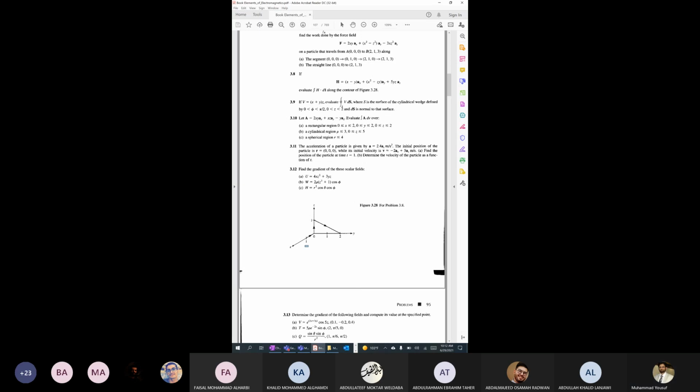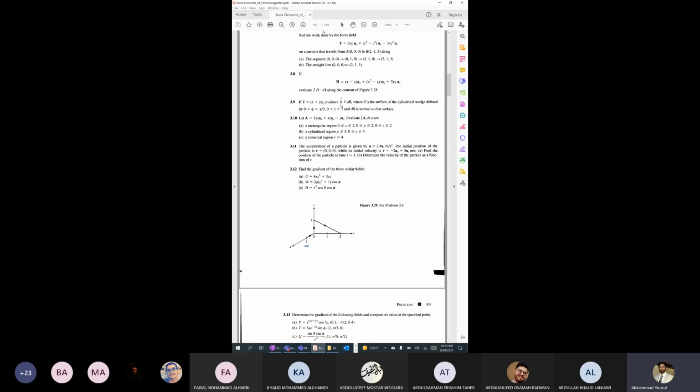Now the question here is, what is this solid? What is this wedge? If you have a pipe, a circular cylinder, and you cut that pipe into 4 pieces, then the surface we have here is one of the pieces in which angle phi is going from 0 to pi over 2.